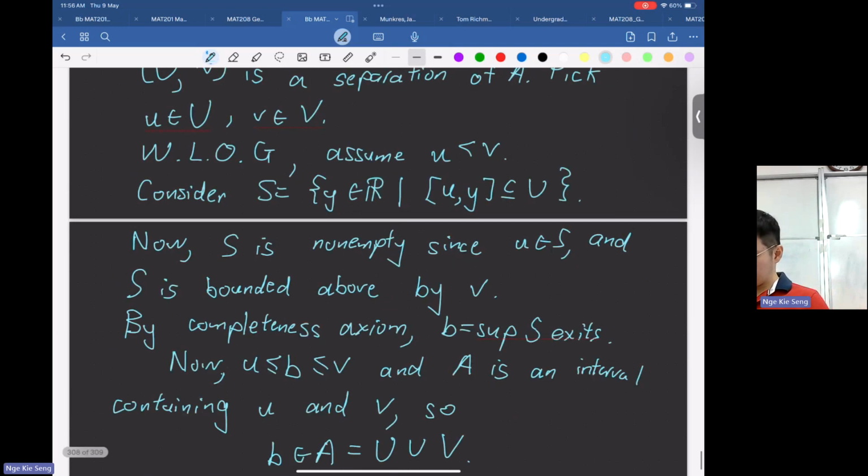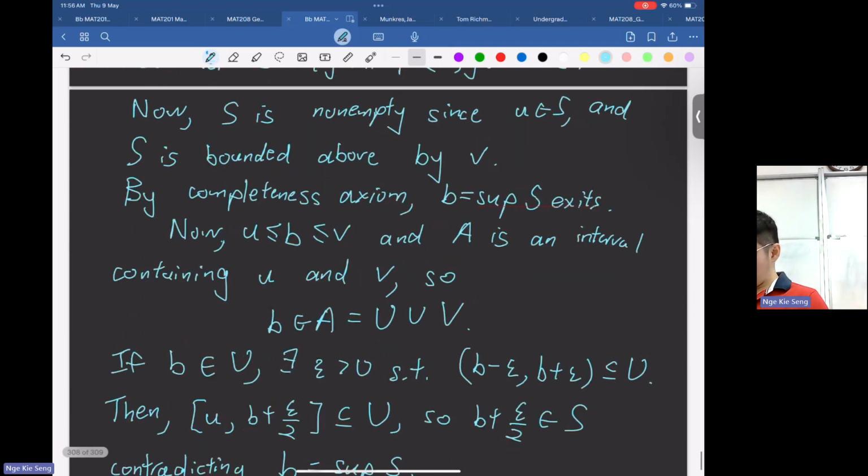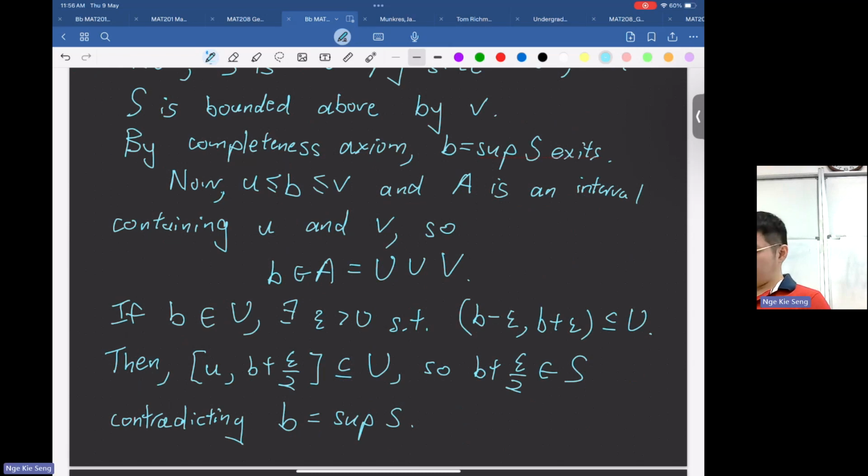U is open in A, but if you intersect with A, I think the claim is you can find an epsilon such that the neighborhood is just equal to some open interval.